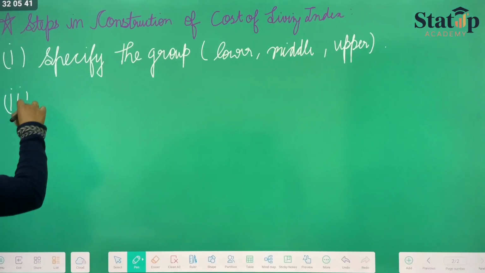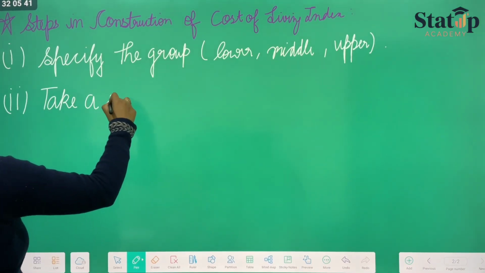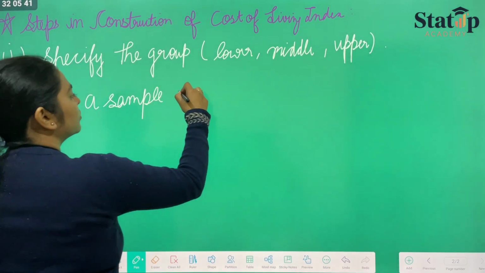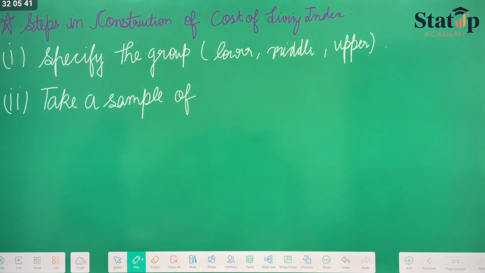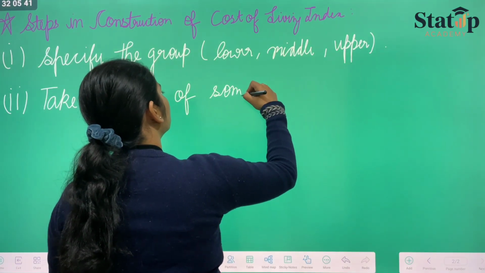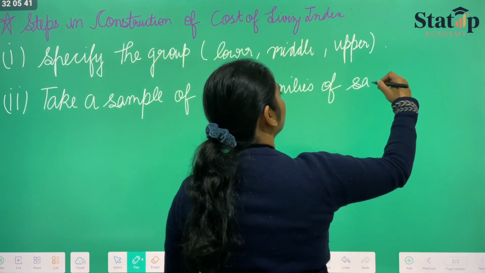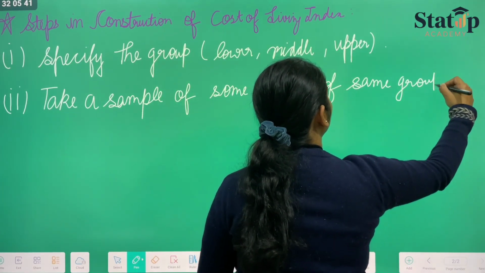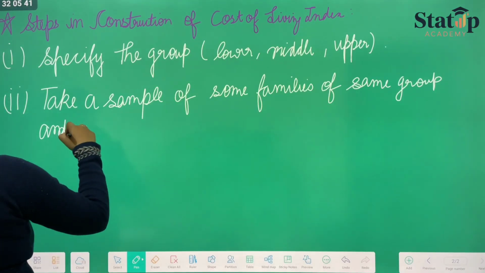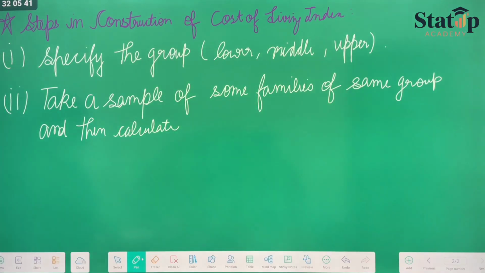Then the second part is we have to take a sample of some families of the same group, and then calculate the family budget.